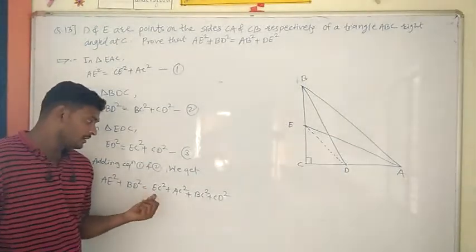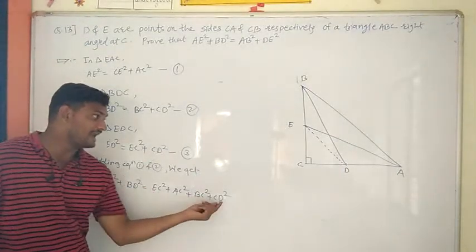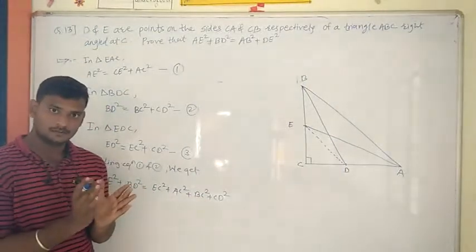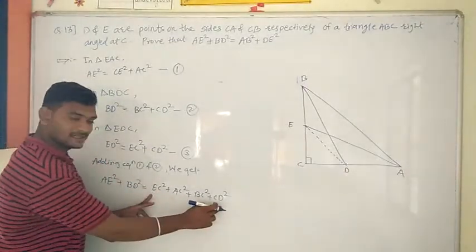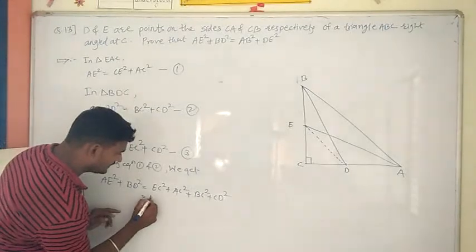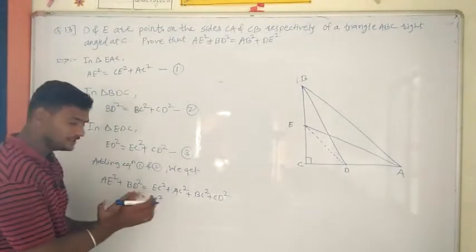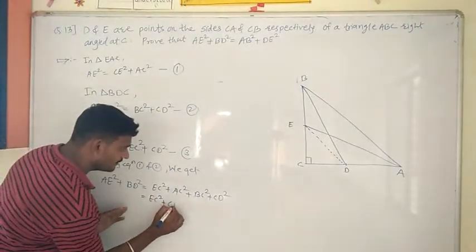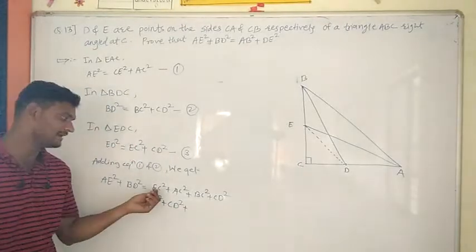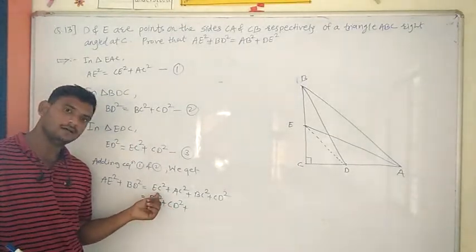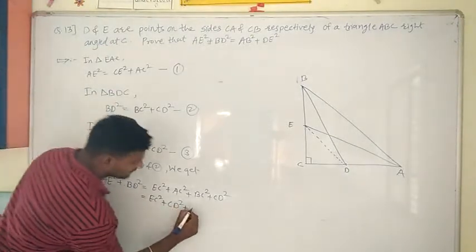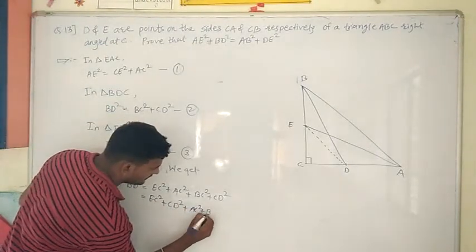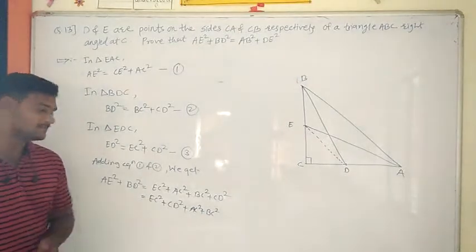I will write EC square and CD square close to each other. That is EC square, CD square. I will write this CD square close to the EC square. You will know why I wrote it here. And AC square plus BC square.